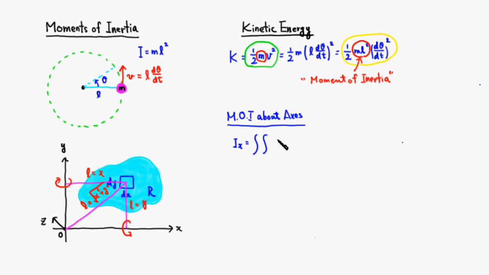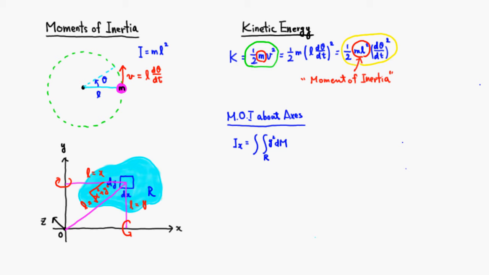I'm going to use dm, a mass element, times distance squared. In this case, it is rotated about the x-axis, so the distance is determined by the y-coordinate. So you have y squared, and you integrate it over this region R. This gives us the moment of inertia about the x-axis.